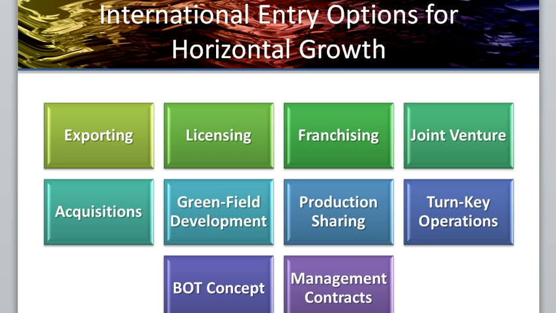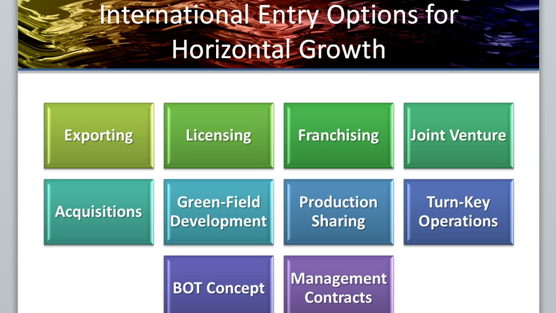So it's a quick method of obtaining local management. If you were a retailer and you wanted to expand into another country, you could make a joint venture with a retailer in that country and then sell your products through them.